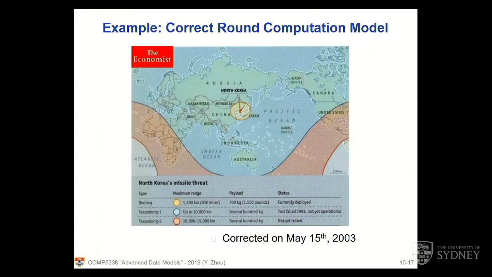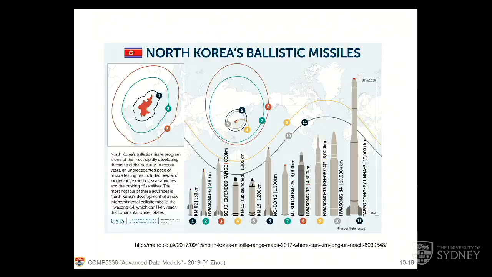When you consider the round fact, it's actually much larger. You will work out something much larger when you take into consideration that the world is not flat, it's round. That's just another way to calculate a missile's range.